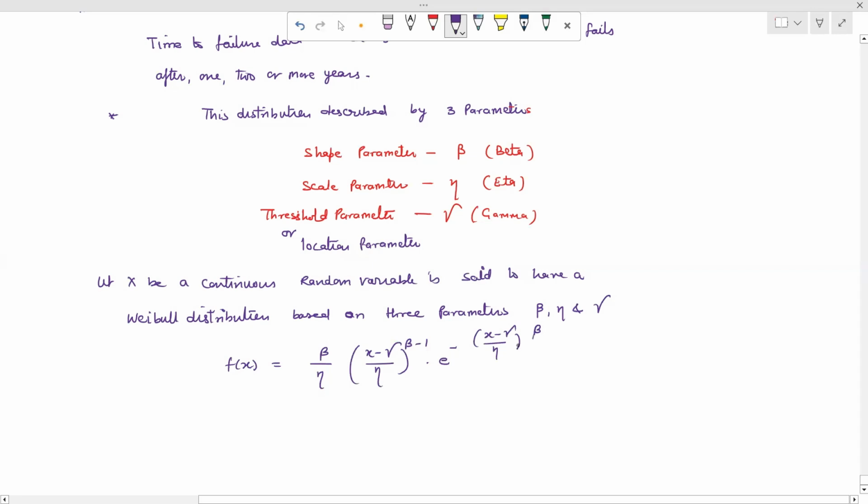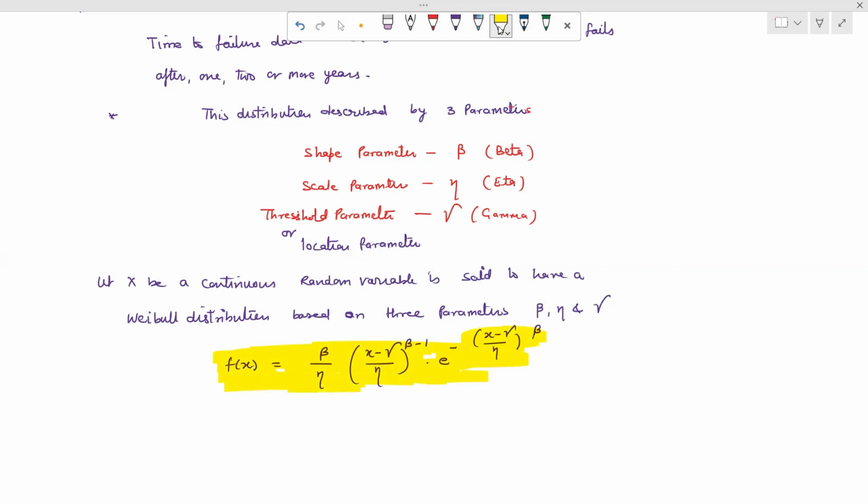So this is the probability density function of the Weibull distribution. It depends upon three parameters, that is beta, eta, and gamma.